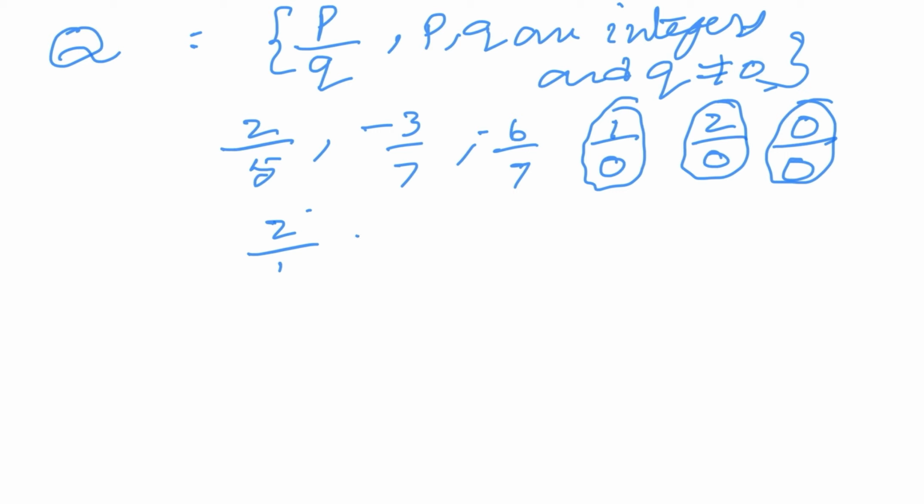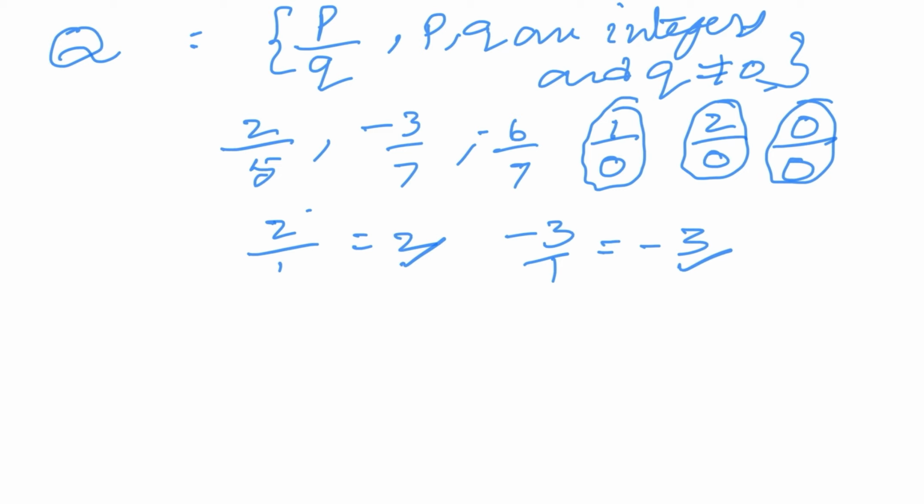2 by 1 is nothing but 2. That means every natural number is a rational number. Minus 3 by 1 is equal to minus 3, which is also a rational number. That means every integer is a rational number. You have to understand the set in a wide sense.